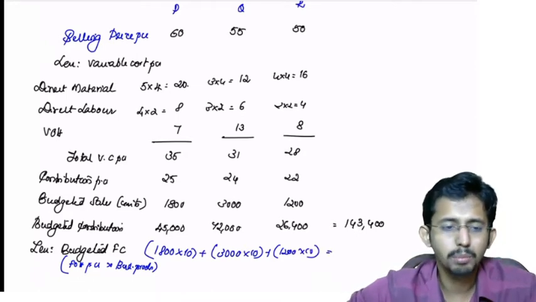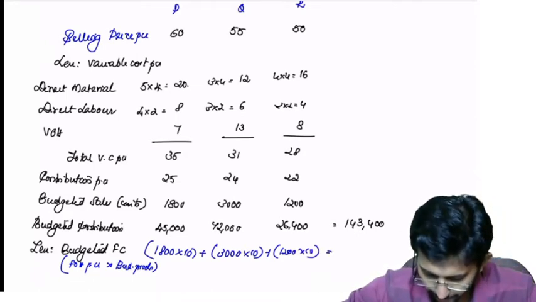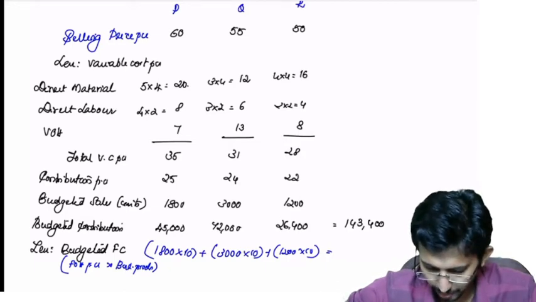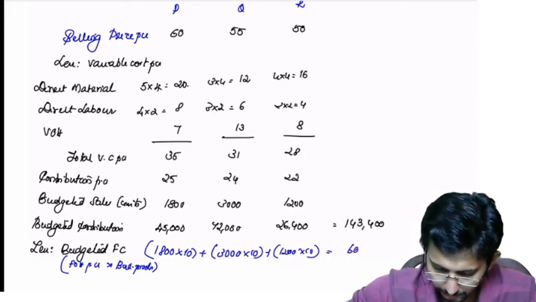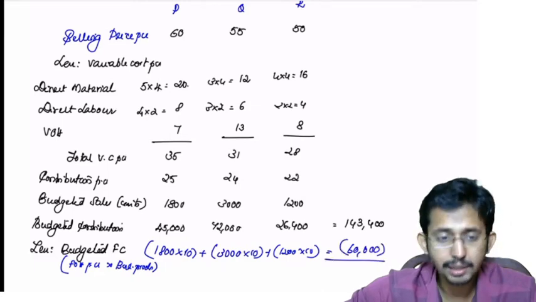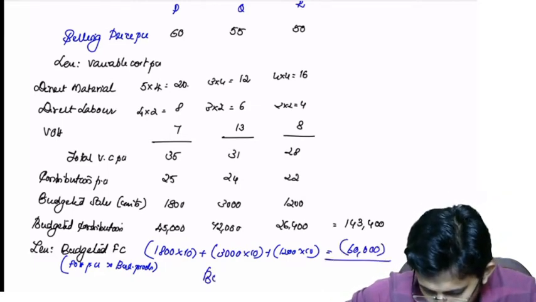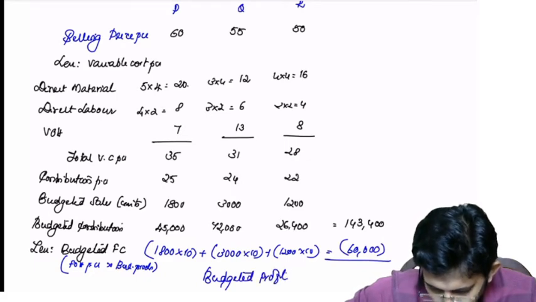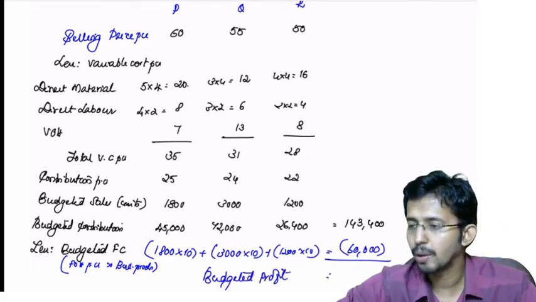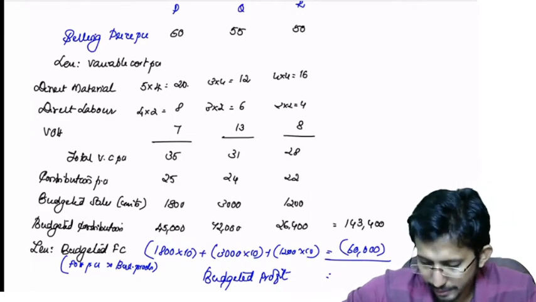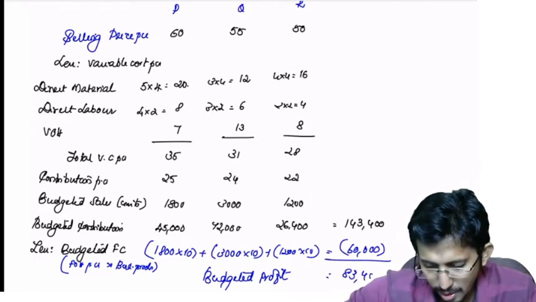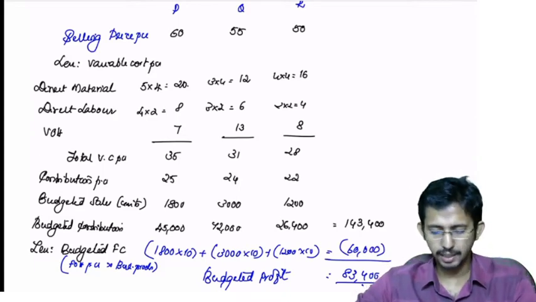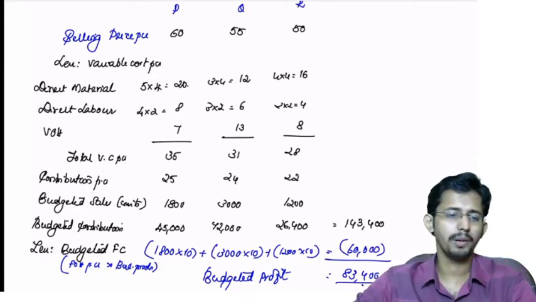That will give you how much? The total will be 18,000 plus 30,000 plus 12,000, that is 60,000. So that takes you to the budgeted profit. One lakh 43,400 minus 60,000 will be 83,400. So you can conclude, therefore, the budgeted profit of the company is rupees 83,400.